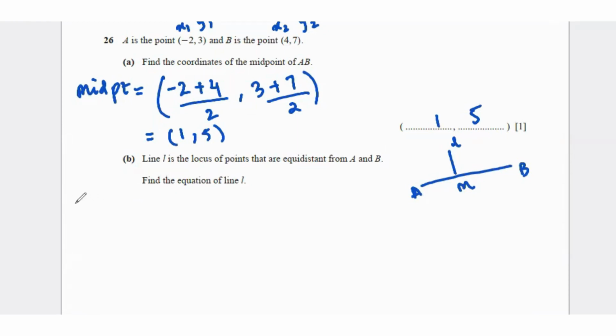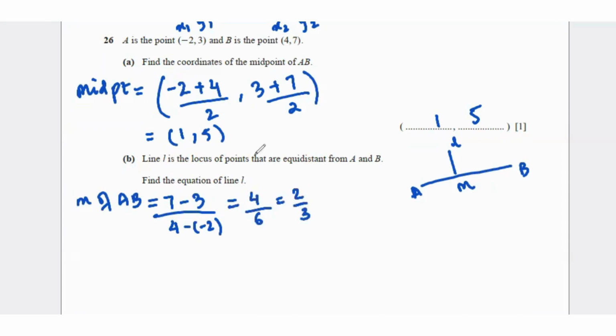So first, we find the gradient of AB, which would be 7 minus 3 over 4 minus -2, which is 4 over 6, so 2 by 3. Gradient of AB is 2 by 3. Now, there's a rule for perpendicular lines, especially when you're trying to find the gradient.